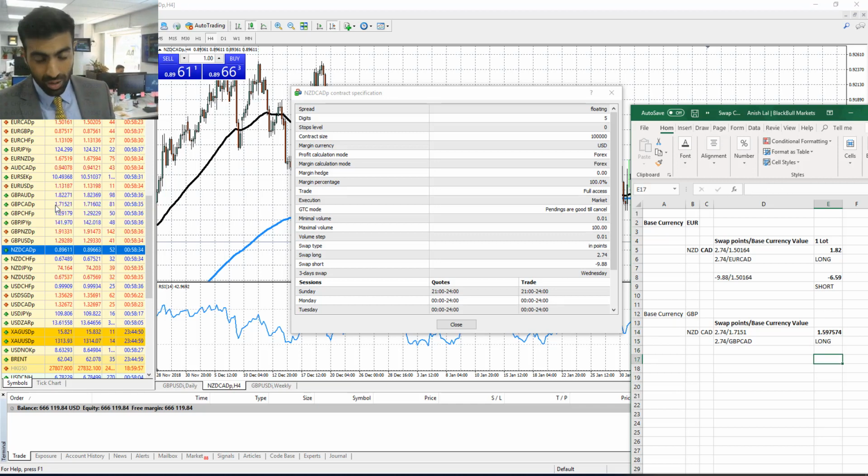The same will apply for the short by replacing the value with your value just above here. So that is an example of your swaps, considering your different base currency.